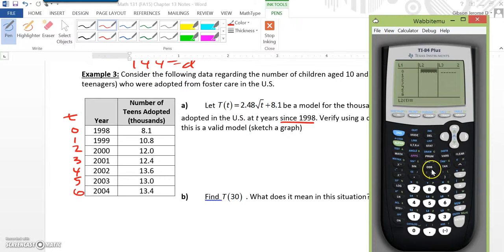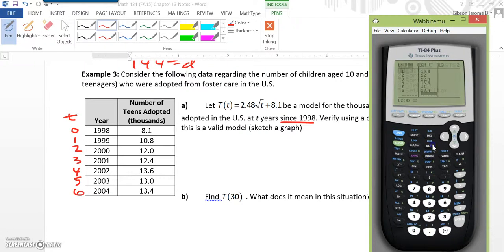Now we'll go to the right here. We will add 8.1, enter, 10.8, enter, 12.0, enter, 12.4, enter, 13.6, enter, and 13.0, enter, and 13.4.